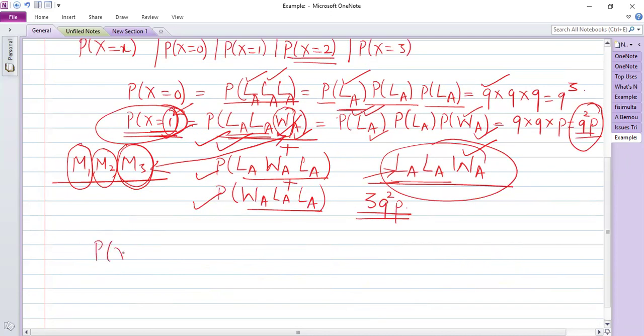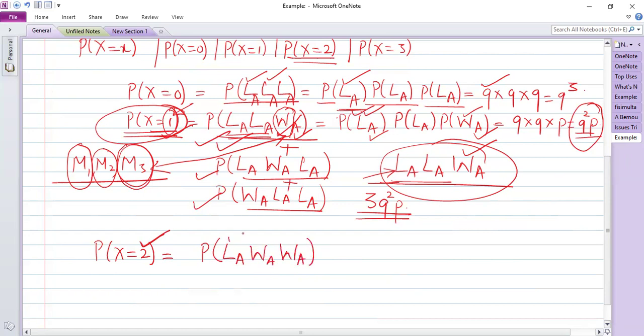So the probability that x is 2 means two matches are won by team A. One such case is LA, WA and WA.